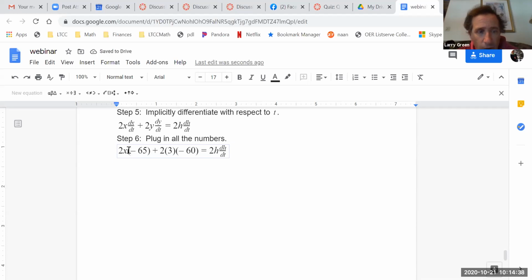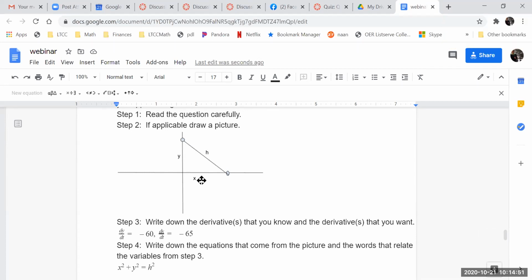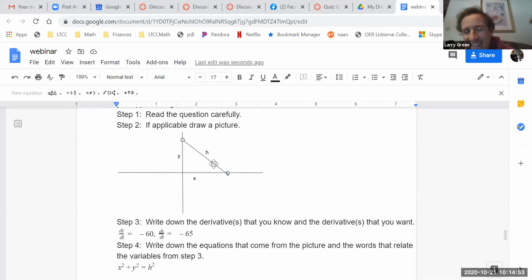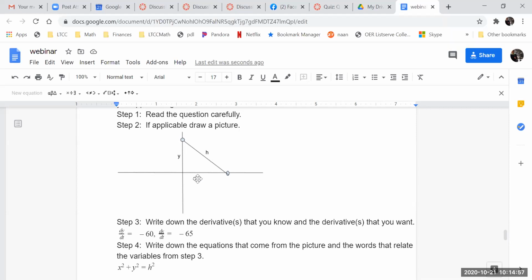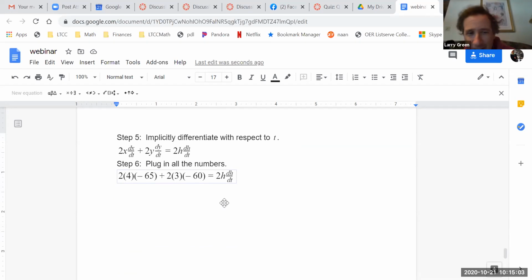X is 4. How do we get h? Pythagorean theorem. Yeah, and I was very nice to you. We have 3 and we have a 4. What's h? You should have that one memorized. 5. 3, 4, 5 right triangle. You could do the full Pythagorean theorem, or hopefully you know the 3, 4, 5 right triangle. It's the biggie, right?